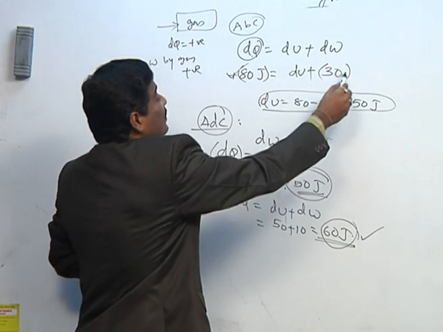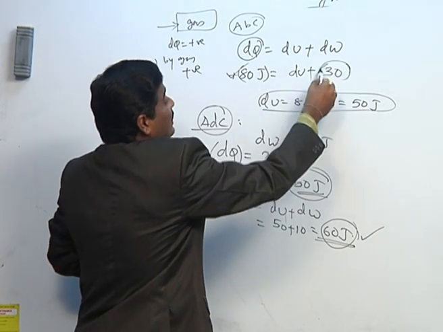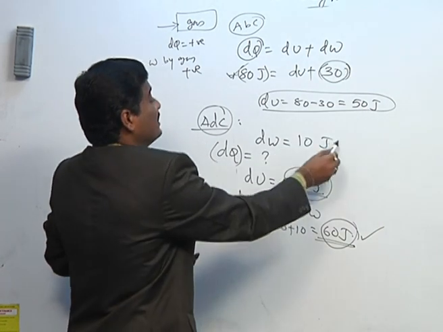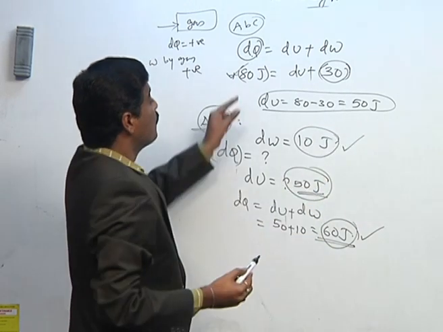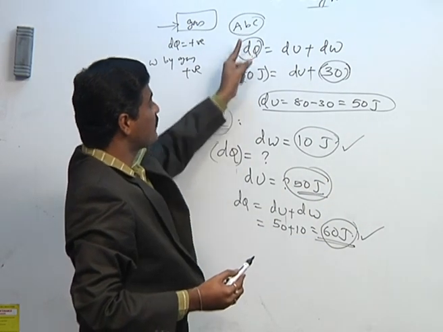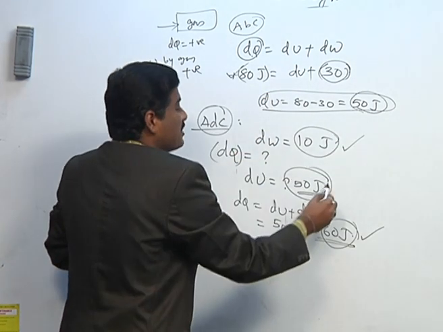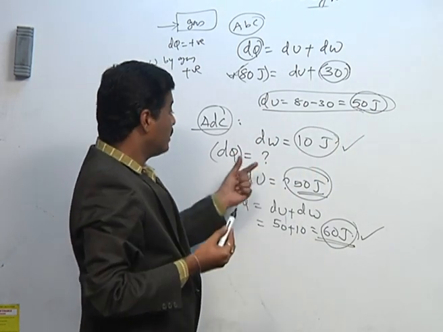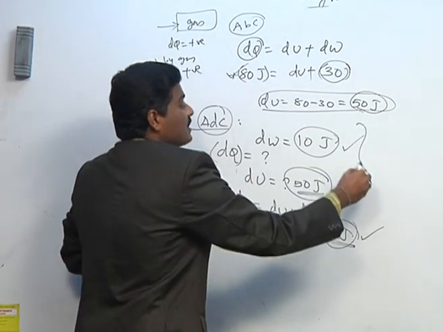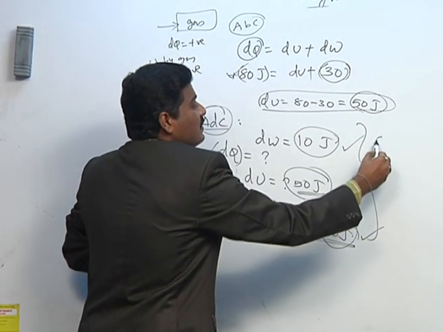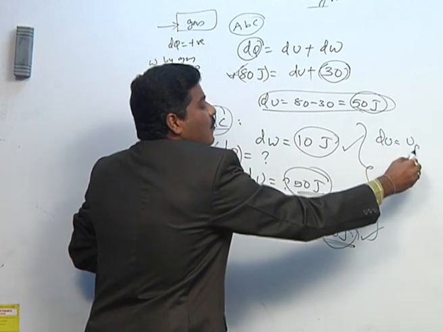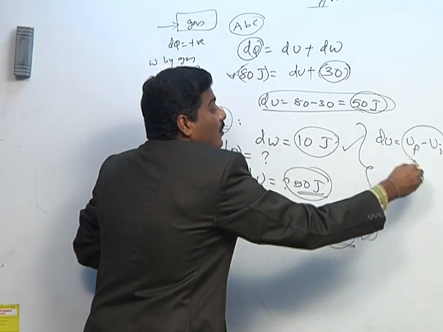Next, if you compare the work done, in the first process it's 30 joules, here it is 10 joules. Both dQ and dW change from process to process, but dU will be the same in both processes. So dU strictly is a point function; it depends absolutely on the initial and final points but not on the path.